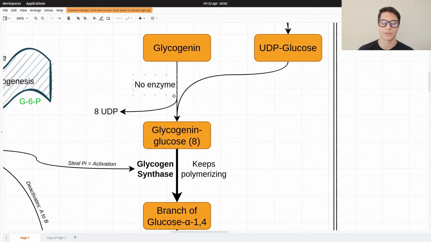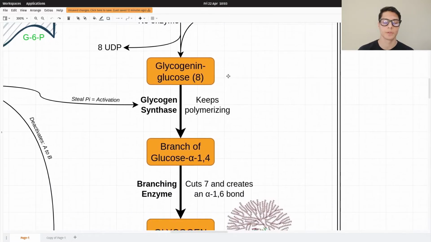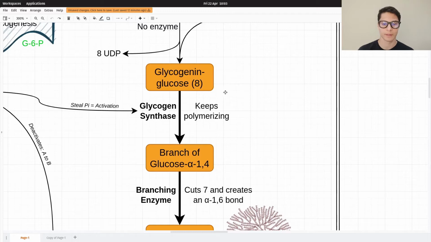But in the process, we lose the UDP. So in the end, we are getting a molecule with the glycogenin and several glucose molecules, up to 8, put together with an alpha 1,4 bond, which is one next to the other.